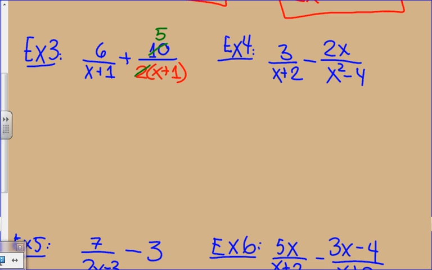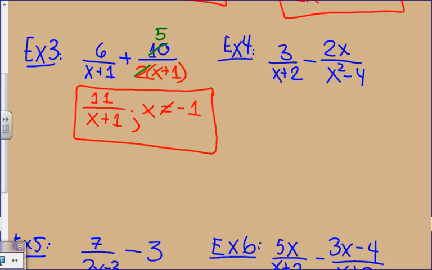Oh, is this common now? Yeah, so all we're saying is 6 of the x plus 1 plus 5 of the x plus 1 is... All right, x plus 1 is on the denominator. So that brings us a good point. How do you reduce?